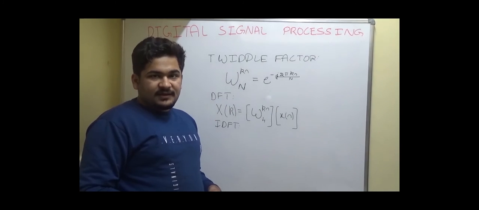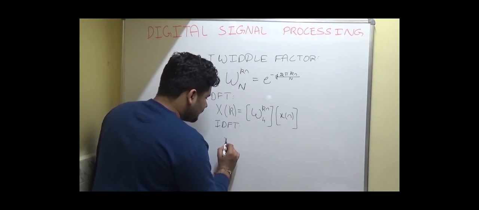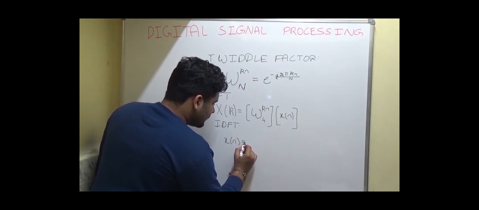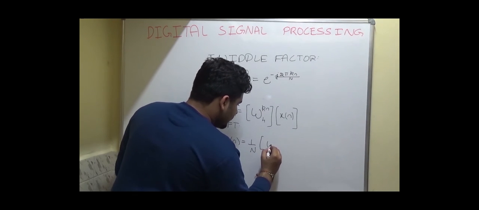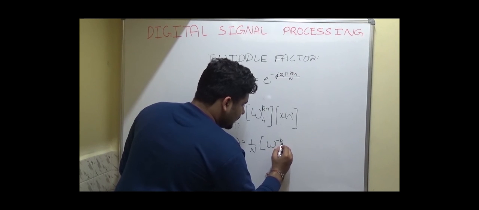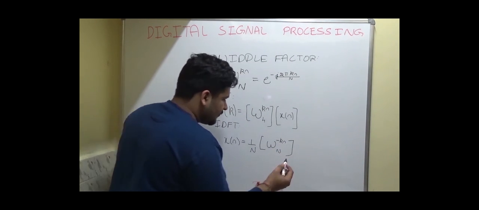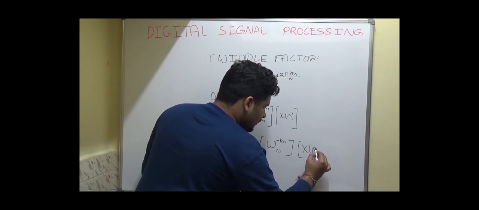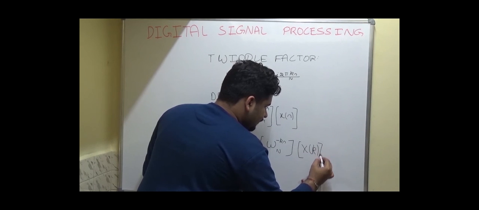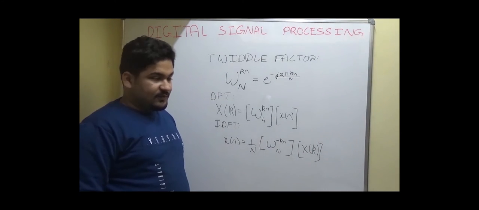Similarly, in the case of IDFT, the thing remains very simple. x of n, which is equal to 1 over N into W minus kn capital N. Here N can be 4, and the other matrix would be X of k. So this is the matrix representation of DFT and matrix representation of IDFT.